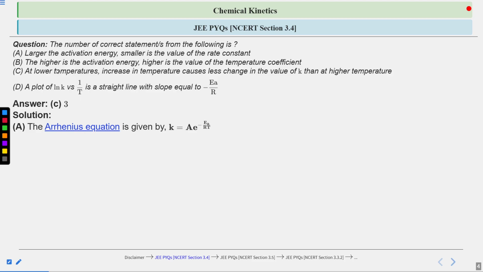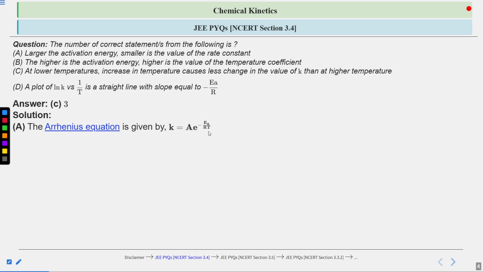So statement A, which says that the larger the activation energy, the smaller will be the value of rate constant. Now, if you remember from the theory part of chemical kinetics, we relate the activation energy with the temperature and the rate constant according to the Arrhenius equation, which is given by k equals A times e to the power minus Ea by RT, where A is the Arrhenius factor, k is the rate constant, e is the exponential term to the power minus Ea, Ea is activation energy, R is the gas constant, and T is absolute temperature.